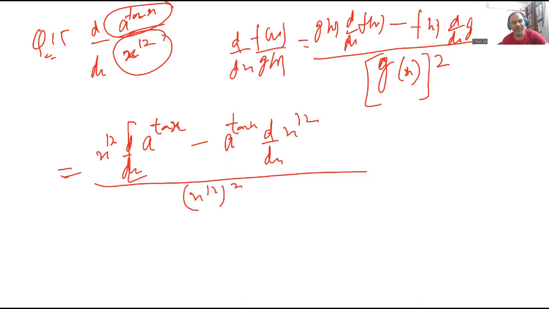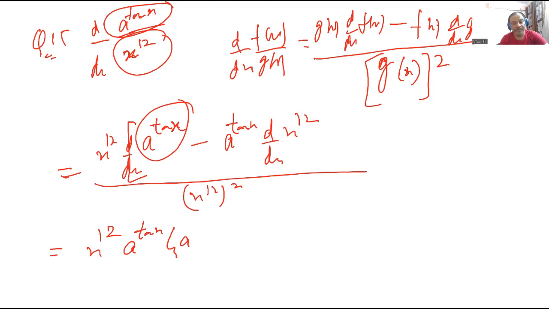What it means is, first you have to apply the quotient rule. Then what else can you do? You can say it like this. This is x power 12. This is a power 10x. We know from the previous question that the differentiation of a raised to power x is equal to a raised to power x log a. Now here, this will remain as it is. This will give you a raised to power 10x, and this is log a.